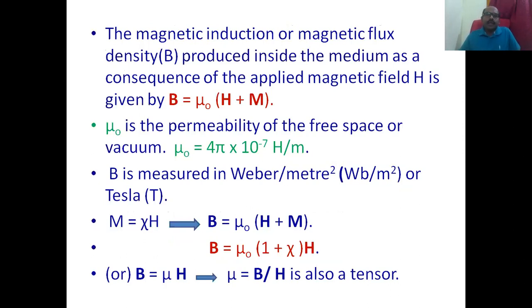The magnetic induction or magnetic flux density, capital B, produced inside the medium as a consequence of the applied magnetic field, is given by this equation. Basically we are applying the field.